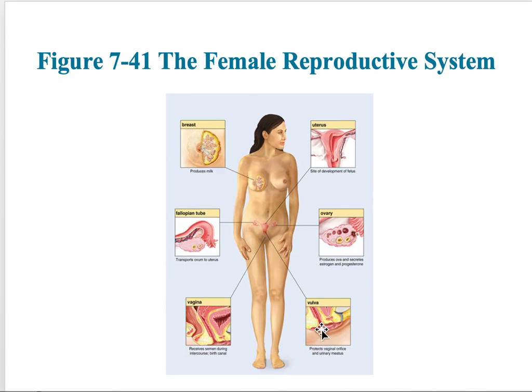The external area of the female reproductive area is called the vulva. This is the outer vaginal area, but you can quite see here where the uterus and the cervix make up part of how it exits through the external labia or genitalia.